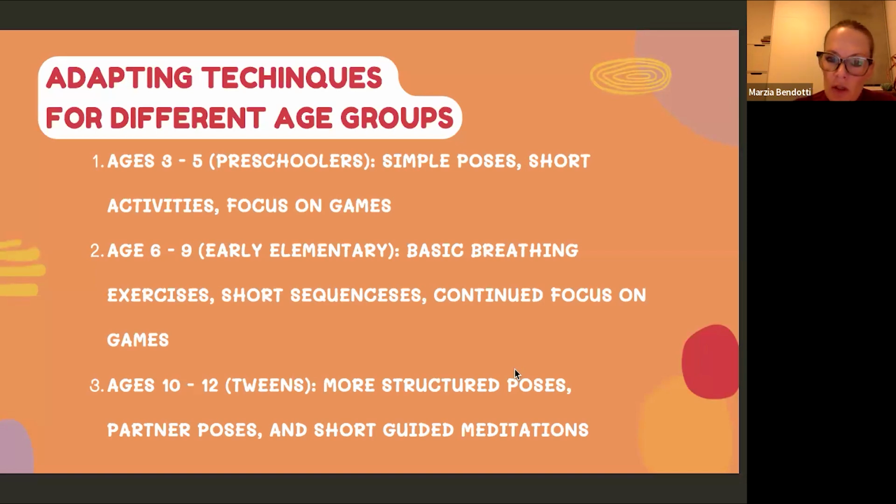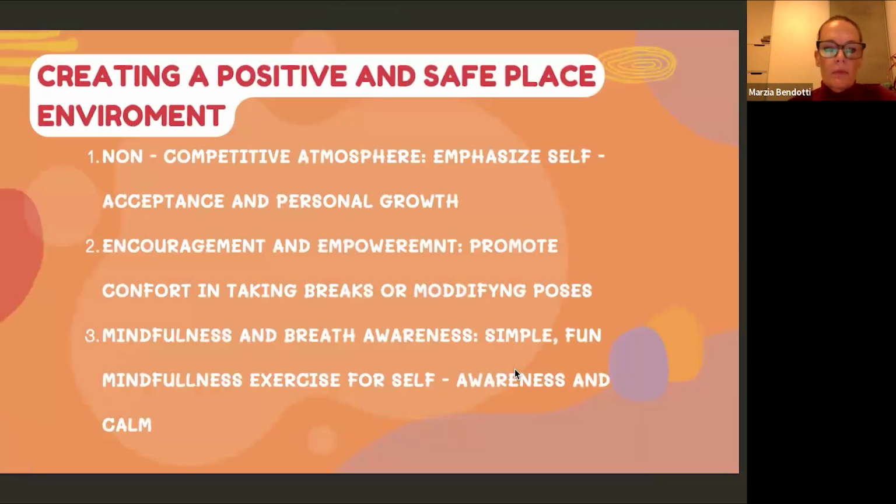This is a great age to start introducing mindfulness and more structured breathing exercises, because they are beginning to understand the connection between breath and emotions. This is a time of their development that they can understand it. Okay.